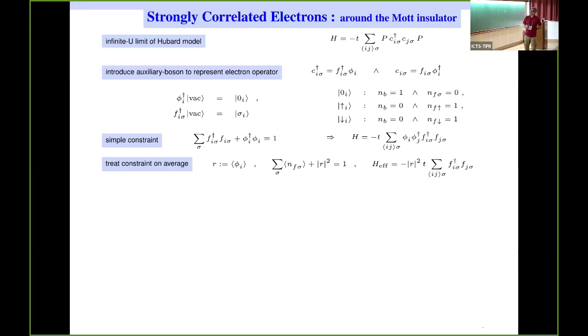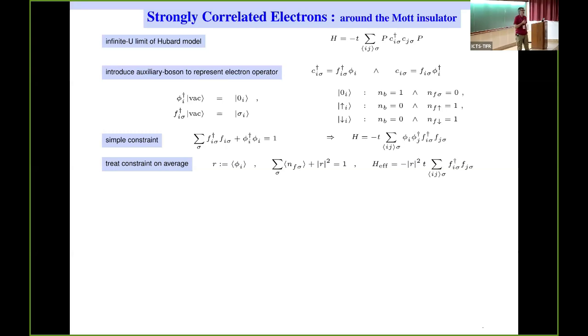But the nice feature of this simplistic description is that you can see that the effective Hamiltonian is such that if you rewrite the hopping term very easily via this decomposition in the original way, but in the approximation, since those phi's are condensed, now you can take them out of the sum and they are just numbers, and they scale with this R square in front of the t.